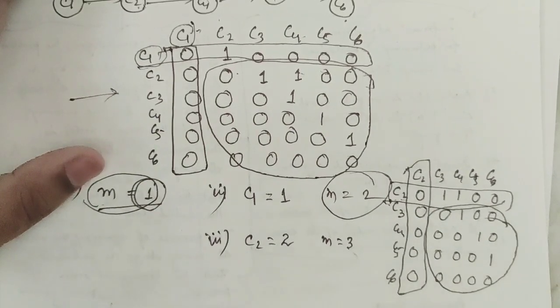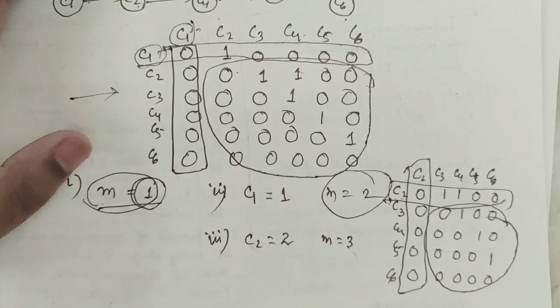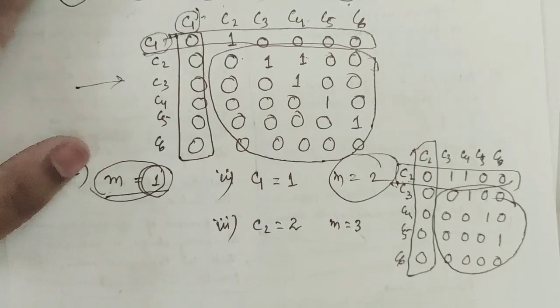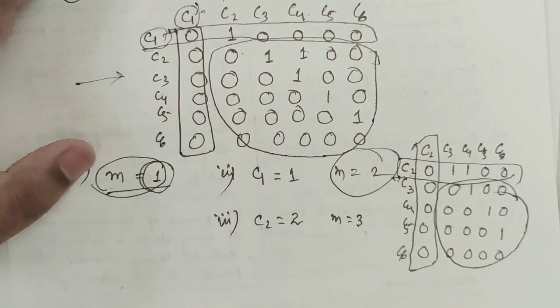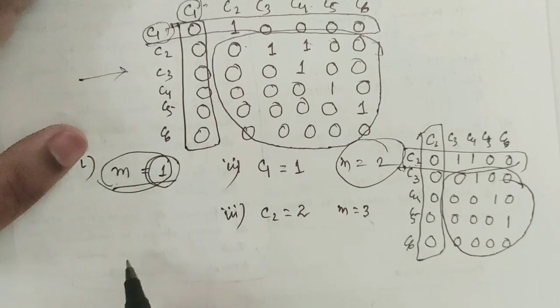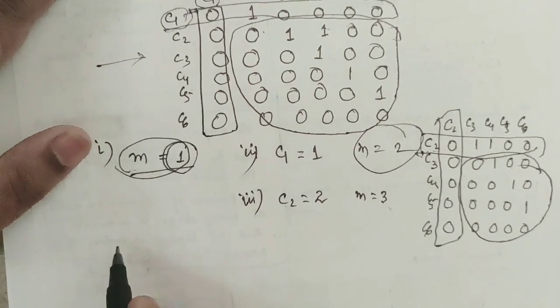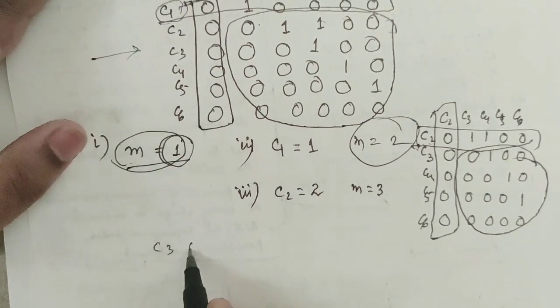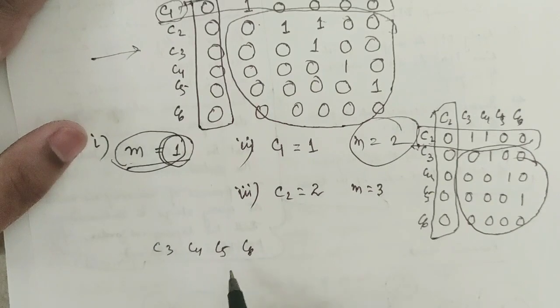So now I think you can easily guess what is going to happen next. You are reducing the dimensions of the adjacency matrix after each step, decreasing by 1. So here after removal you have the matrix C3, C4, C5 and C6.